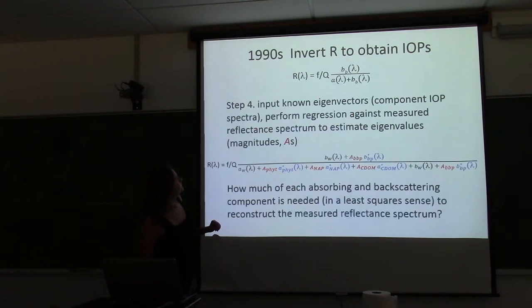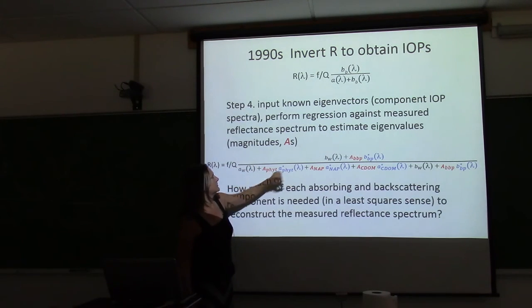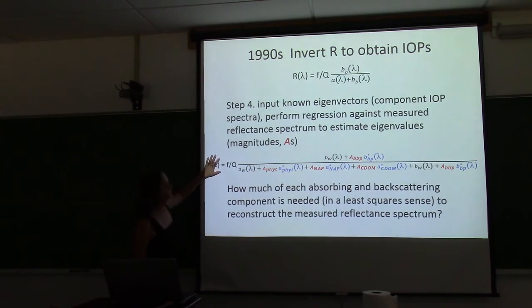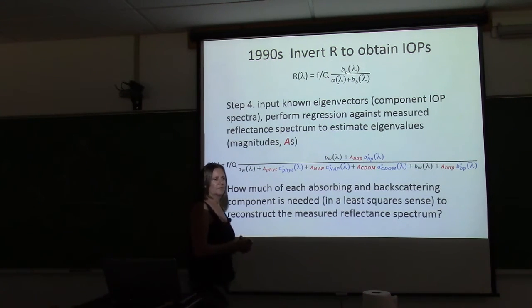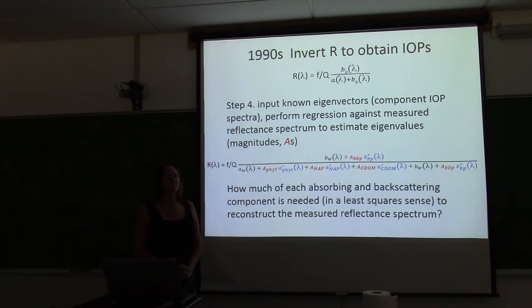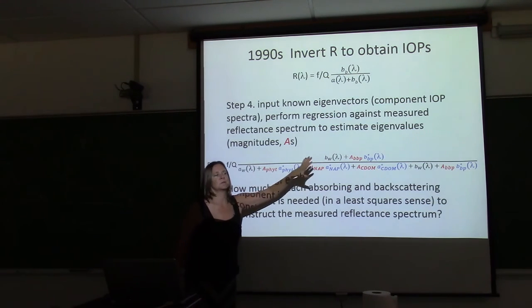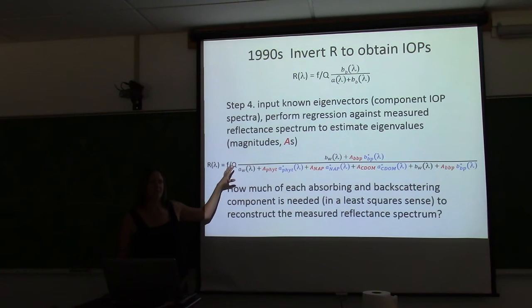Okay, so now you put in those known eigenvectors, once you define them. You have a measured reflectance spectrum. Yep? So the way I was thinking about this is empirical versus analytic is that those eigenbases, or that eigenbasis itself is the empirical part. Yep. And the rest of it, like the framework. The framework is the analytic part. The mechanism that transports IOP to AOP is an analytic part.